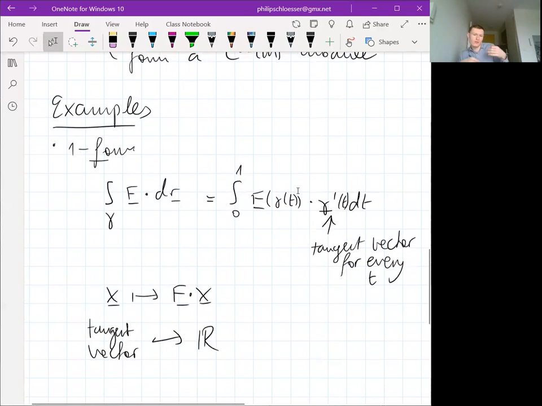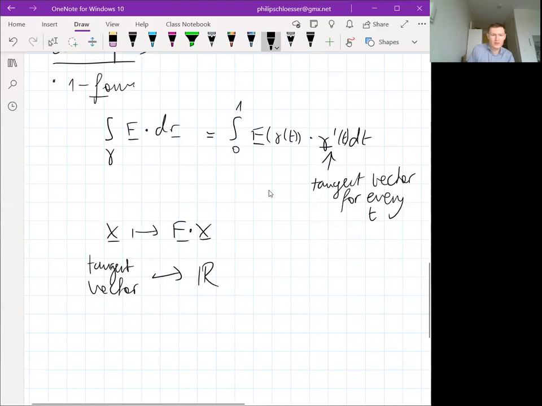So this is exactly a case of a one form. Because at every t, we swallow a tangent vector and produce a number.